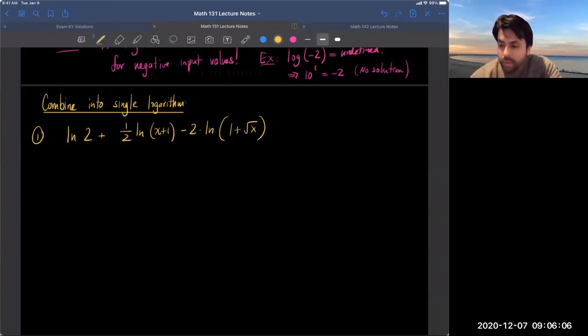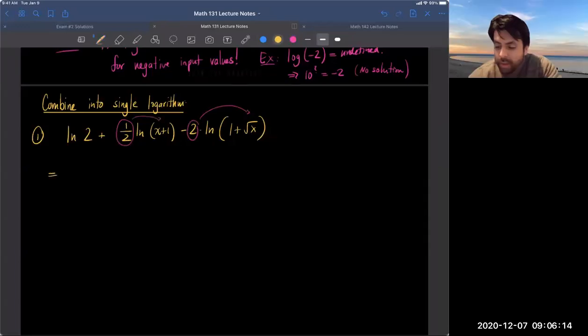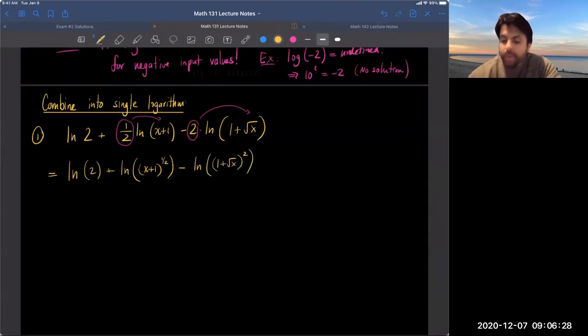Yeah, so the first thing I would do is take care of the numbers in front. I'm going to put them inside using the power rule. So this would be equal to what? This is ln of 2, just regular. This will be ln of x plus 1 to the 1/2 power minus ln of 1 plus square root of x to the second power.